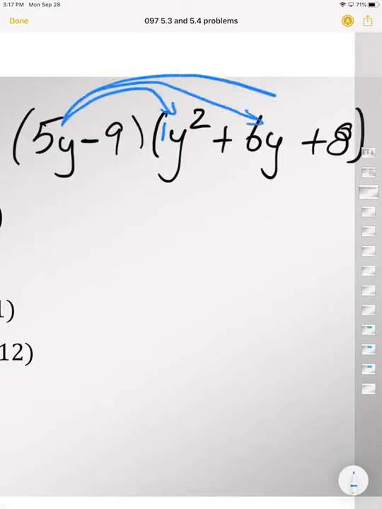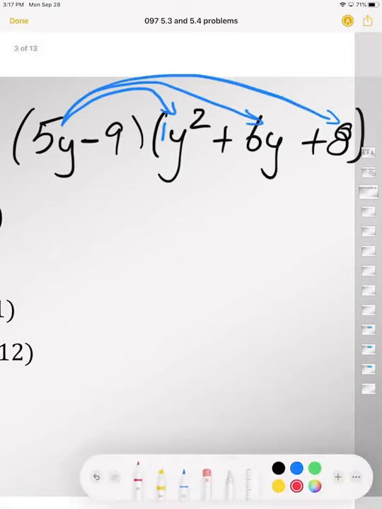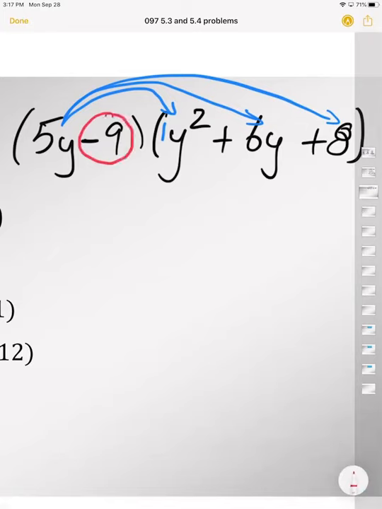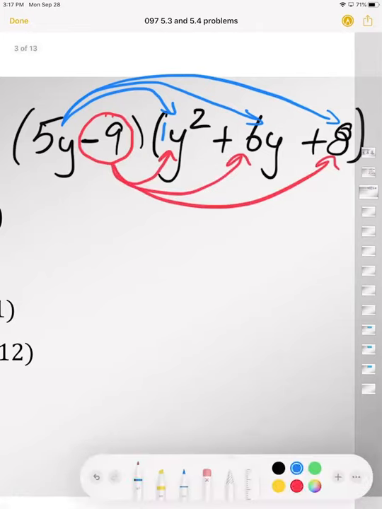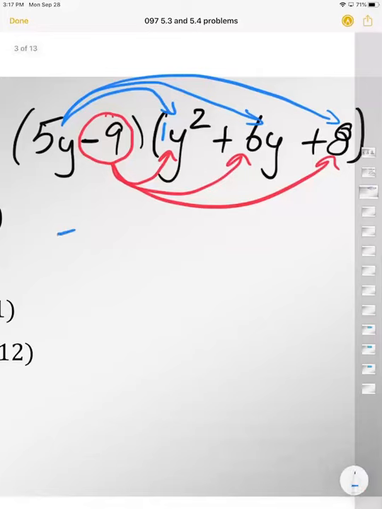And again, all we're doing is we take the first item and we distribute in the second parenthesis. And we need to take the second item and distribute into the second parenthesis. And we need to be fair and distribute in all 3 items. So first, 5 times 1 will give me 5.